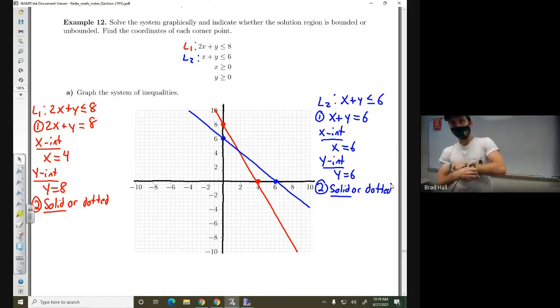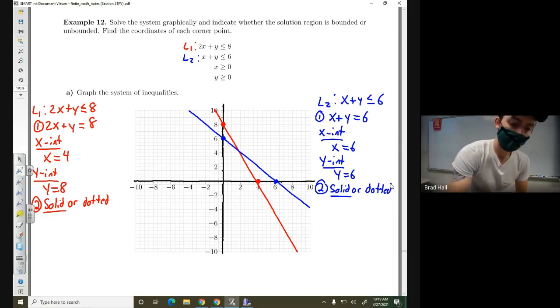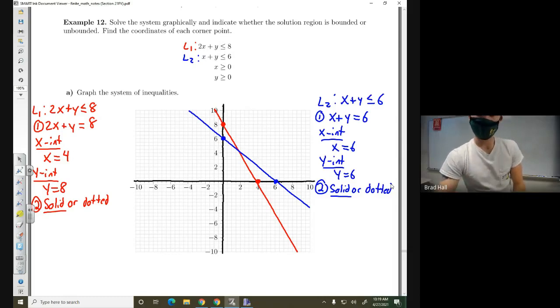So from here, we need to figure out which region to shade. The non-negative restrictions tell us we're stuck with the top right region. And the 2 additional lines that we drew tell us that we now have 4 regions to look at. We have this region here, this small region right here, this region out here, and this region down here.